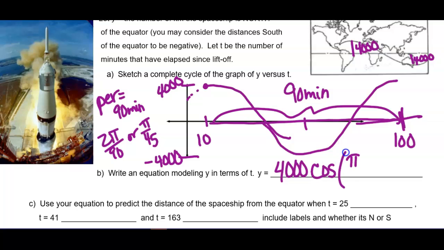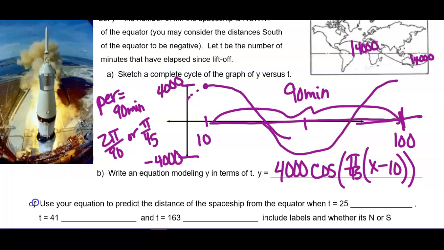We decided pi over 45 went in here, and we started it at the peak of 10 minutes into the story before it was totally at its northernmost point. Can't say that. 4,000 kilometers above. And then we didn't need a vertical shift up or down because it was going directly 4,000 above and below the equator.